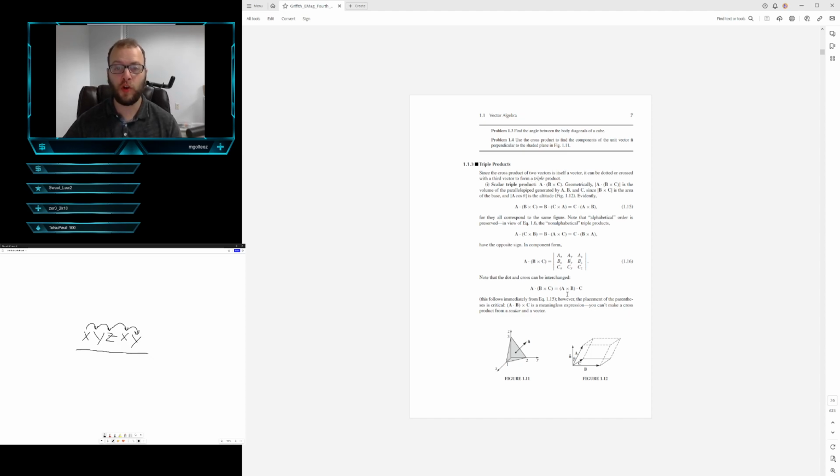We can't dot 2 vectors and then cross them, because we'd be crossing a scalar with a vector, and that is not defined. So, by simply going through some of the very tedious math, but straightforward, we can define A dot B cross C, which is distributive.